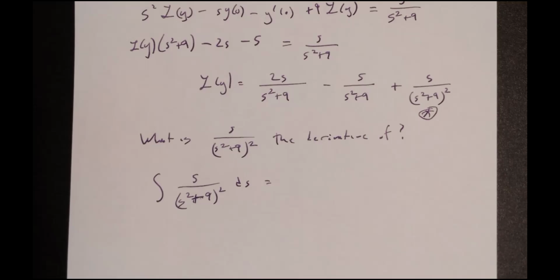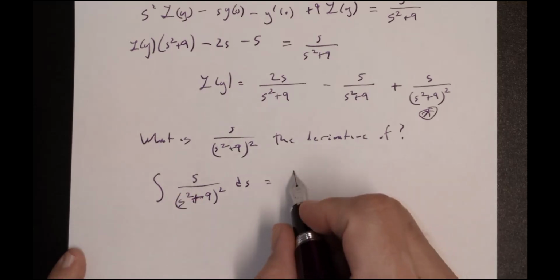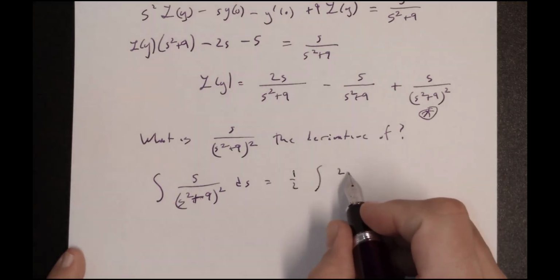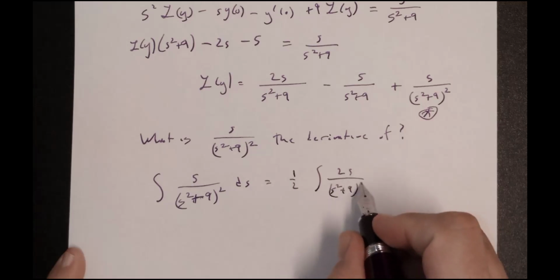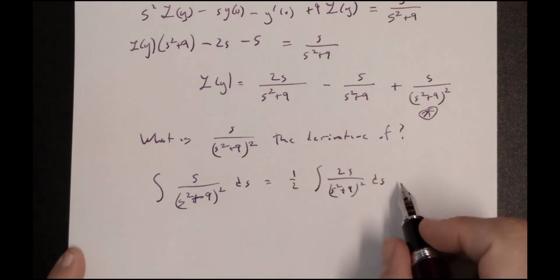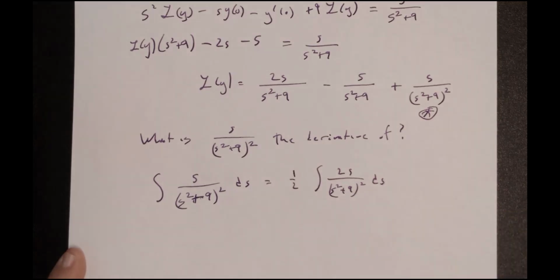How do I do this integral? Which means du is, I don't have a 2, so I need a 1/2. So then I get the integral of u to the -2, which is negative u to the -1, right?